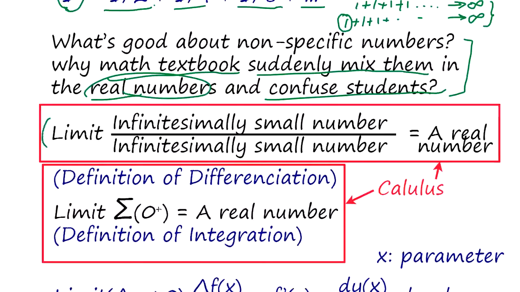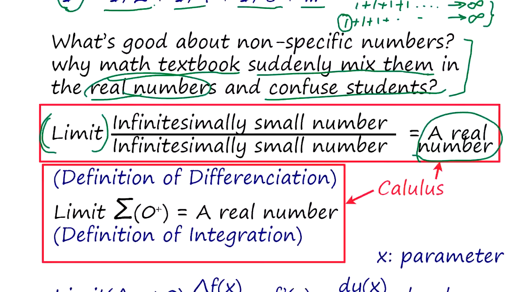So then what do we use? Why do we need those new numbers? They're not real numbers. Well, if we take a limit of the ratio of infinitesimally small numbers, that could be a real number.